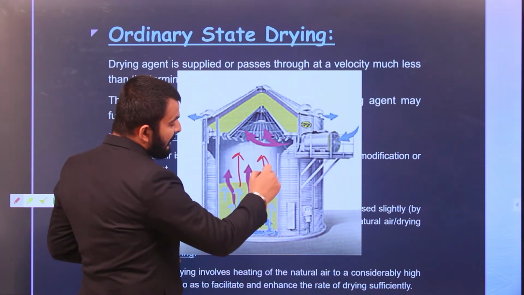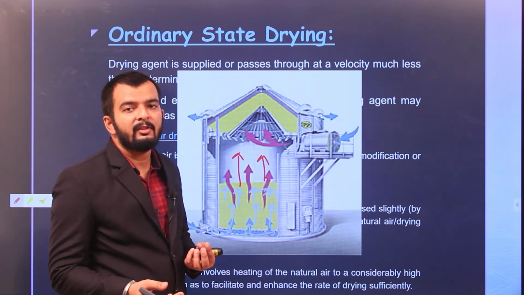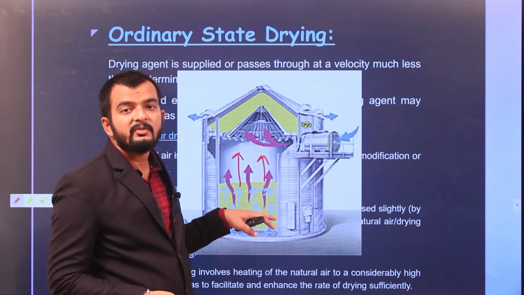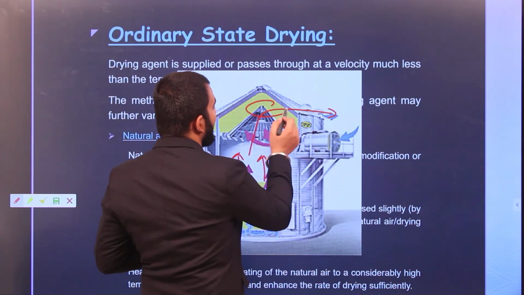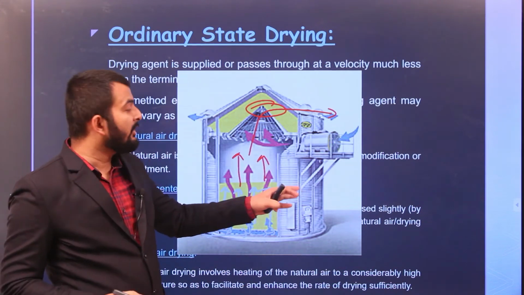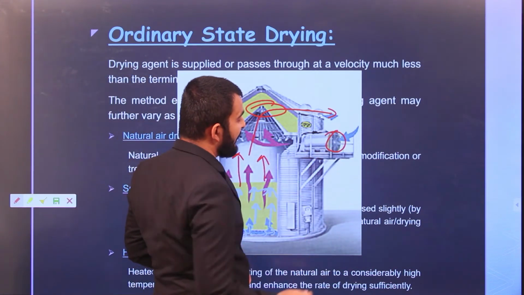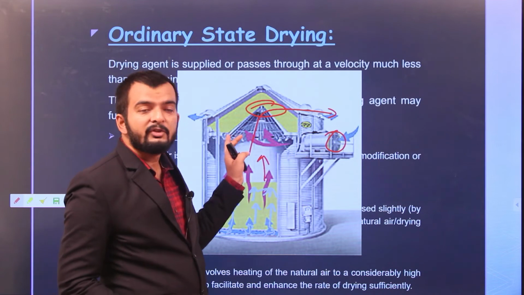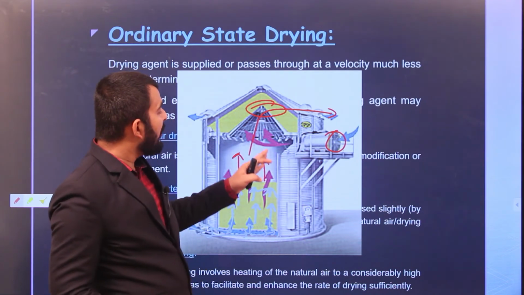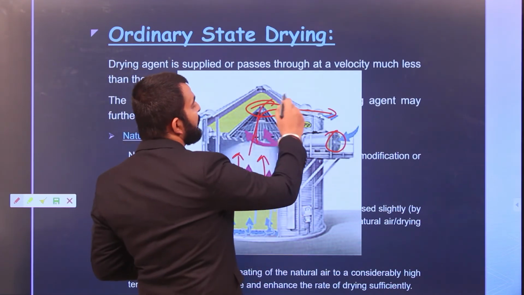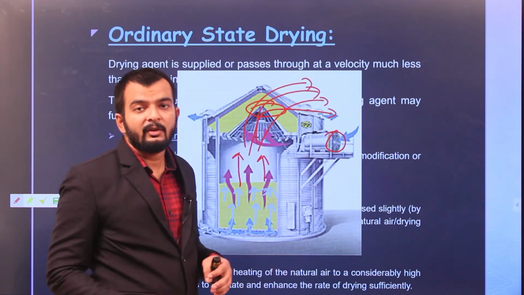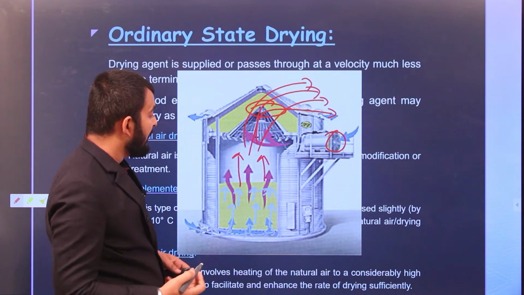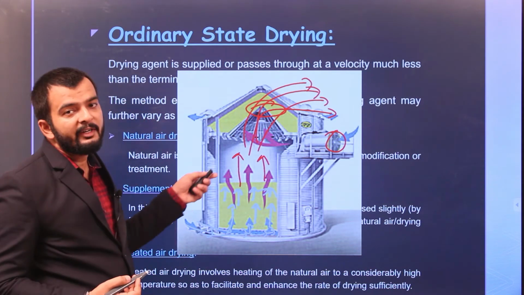Now this air is laden with moisture which it has absorbed from the grains, and it is removed through an exhaust. Here an exhaust is provided at the top, you can see it here. Through this exhaust we remove the moisture-laden gases or the drying agent. Alright, so this is an example of ordinary state drying.